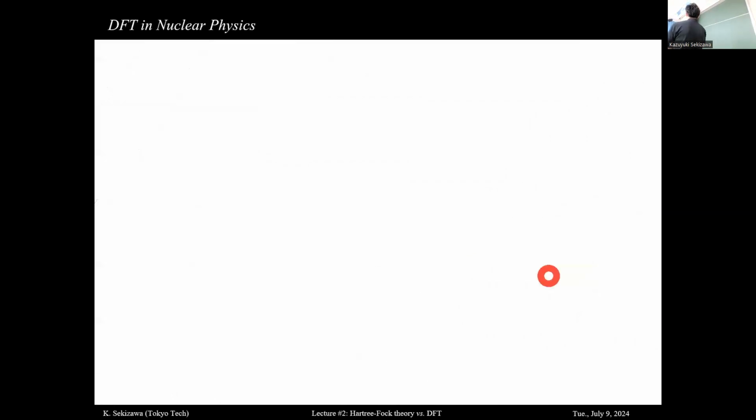Okay, so now I show how it works in practice in the nuclear physics case. It has shown great success also in nuclear structure theory. So DFT in nuclear physics is the following.